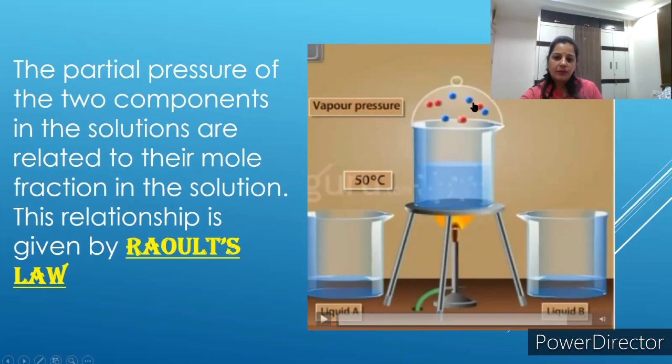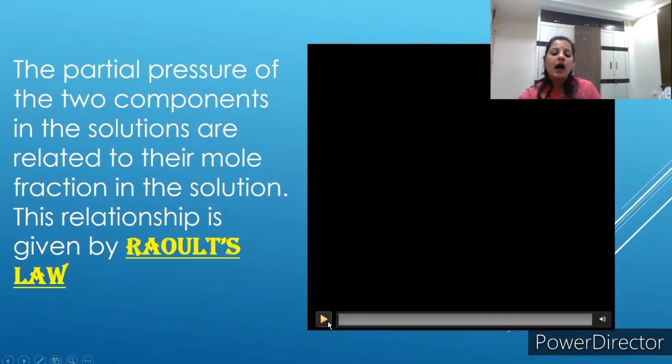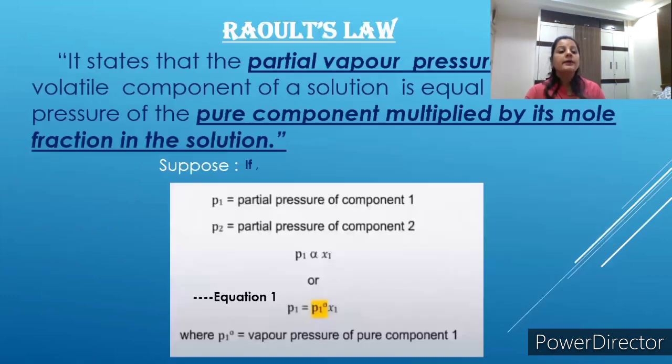And this relationship of how the vapor pressure is related to the mole fraction of the two liquids is given by Raoult's law. Raoult's law explains how the vapor pressure of these components is related to their mole fraction. So let us see that.